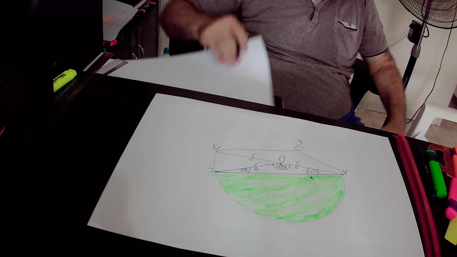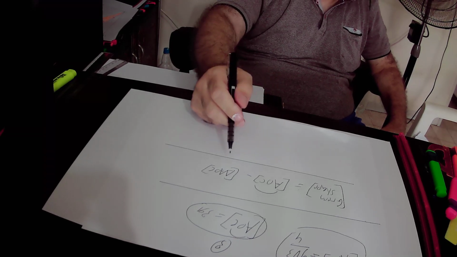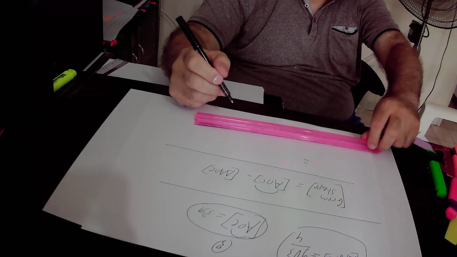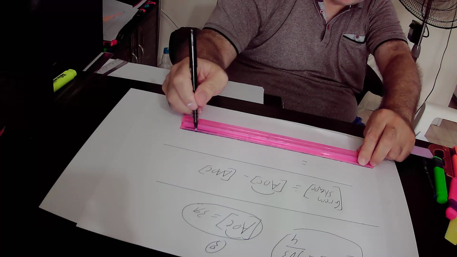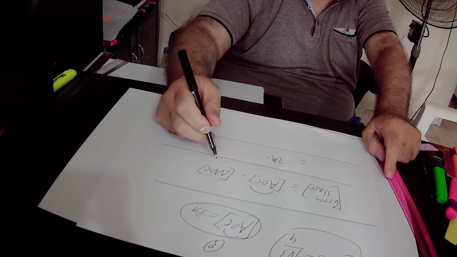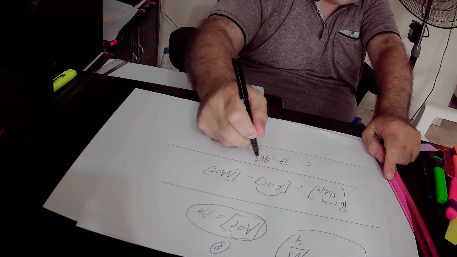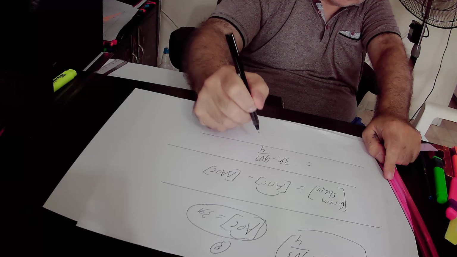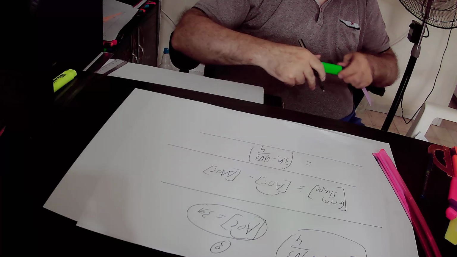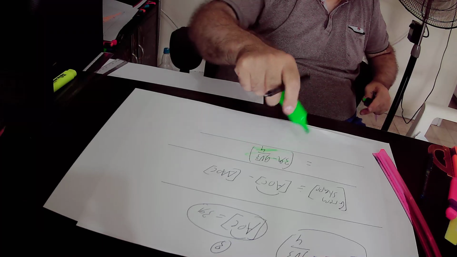I repeat again, the area of the green shape equals the area of sector AOC minus the area of triangle AOC. So here we have already found out that the area of sector AOC equals 3 pi square units, minus the area of triangle AOC. We have already found out that the area of triangle AOC equals 9 times square root of 3 over 4 square units. So we actually found out that the area of the green shape equals 3 pi minus 9 times square root of 3 over 4 square units.